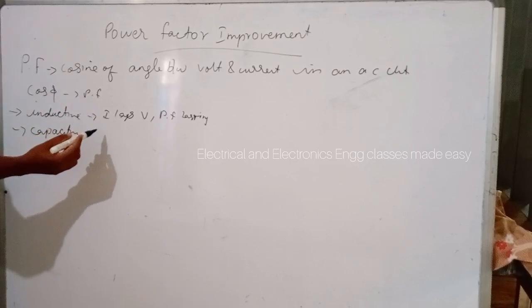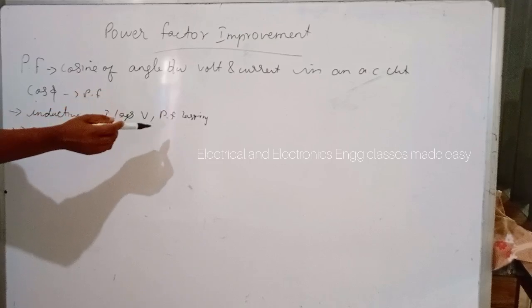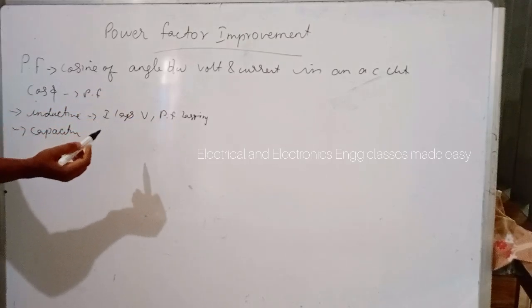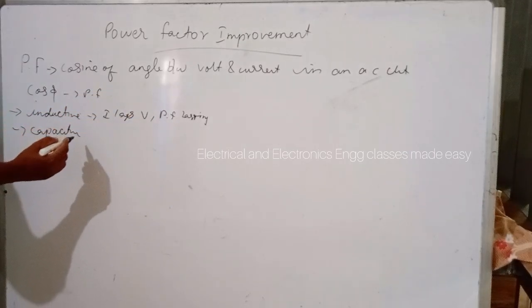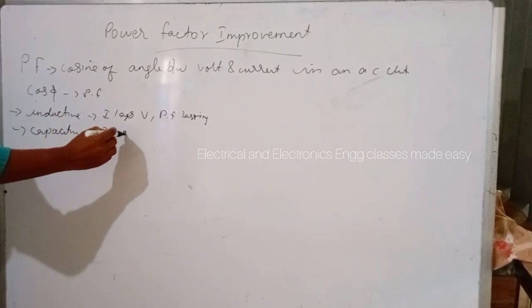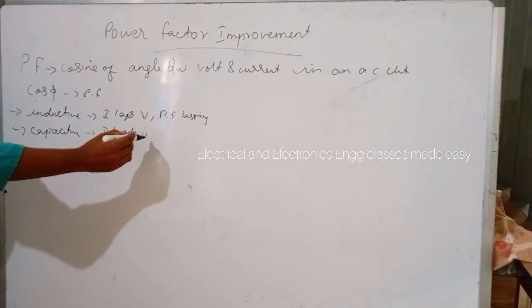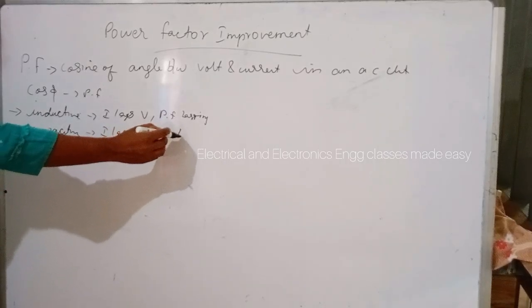So in an inductive circuit, the current lags behind the voltage and the power factor is lagging. Whereas in a capacitive circuit, the current leads the voltage and the power factor is leading.